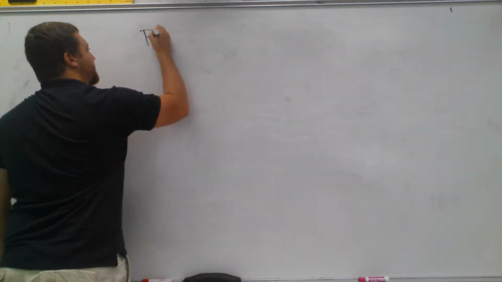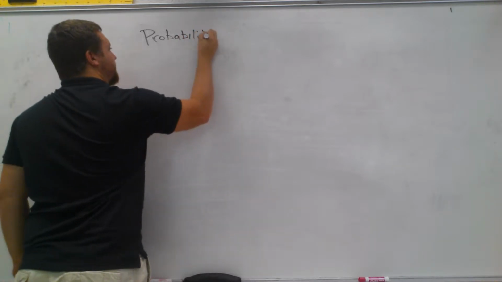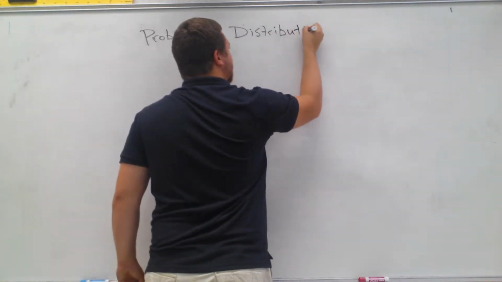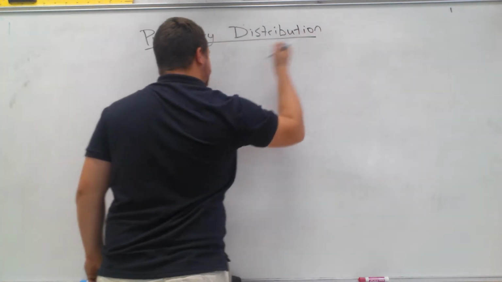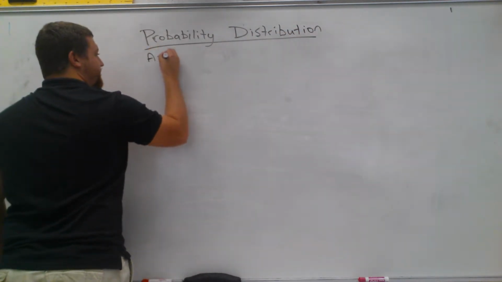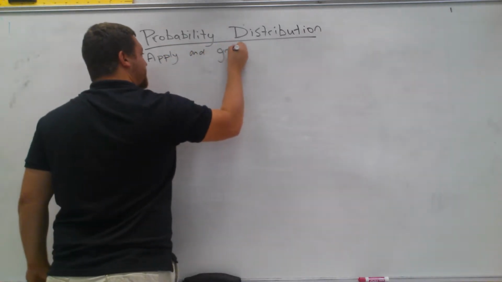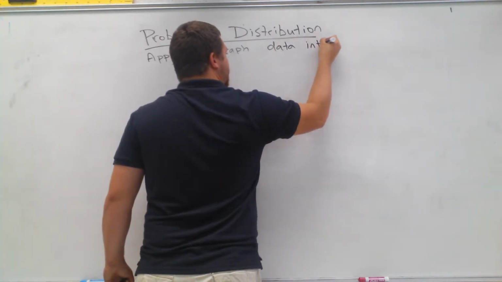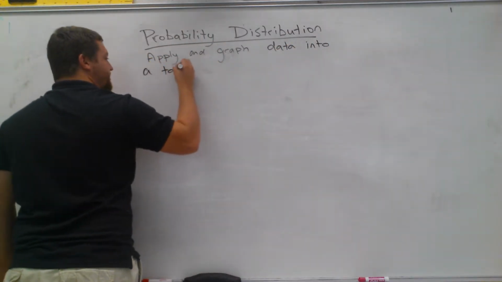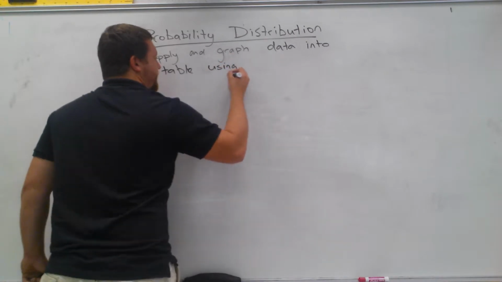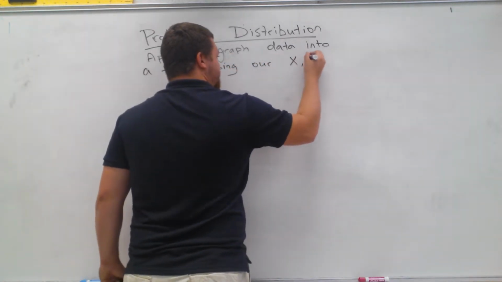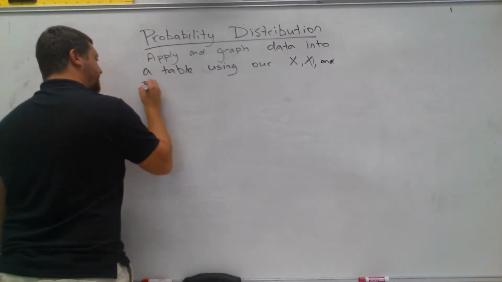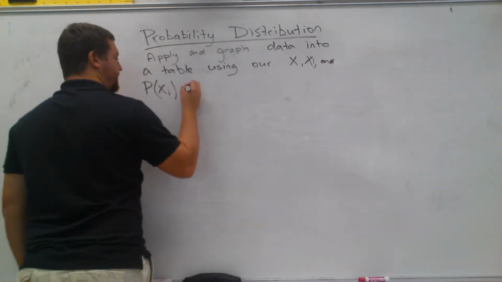A probability distribution is when we apply and graph data into a table using our x_i, and information.